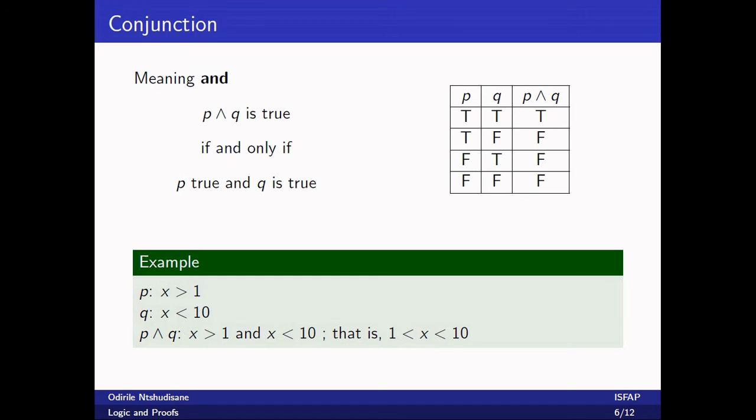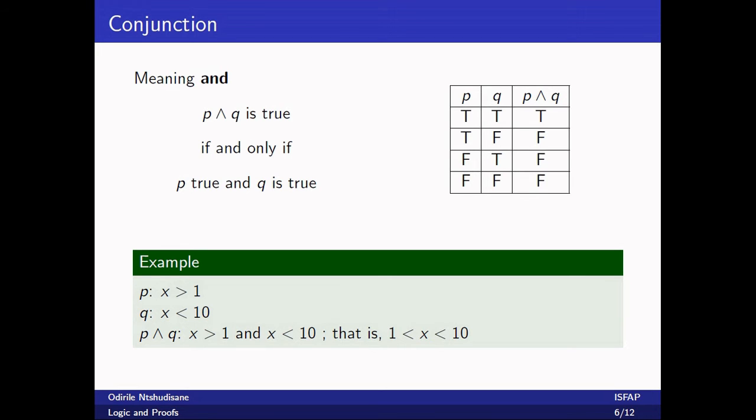4 combinations. That is P true, Q true, P true, Q false, P false, Q true, P false, Q false, and P and Q is only true when both are true, and that's only in the first line where we have true true.